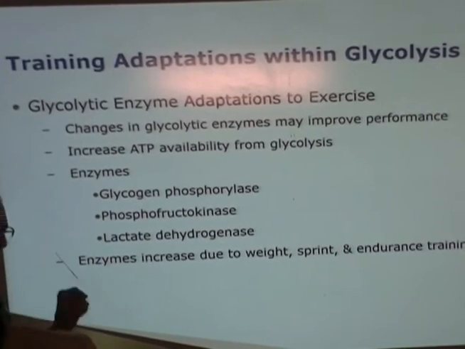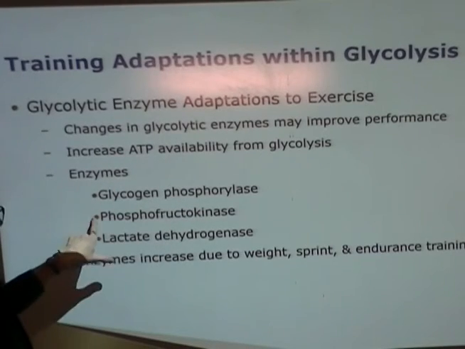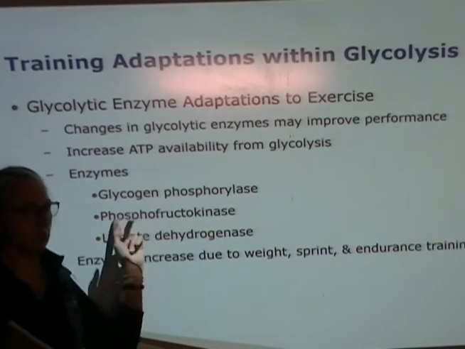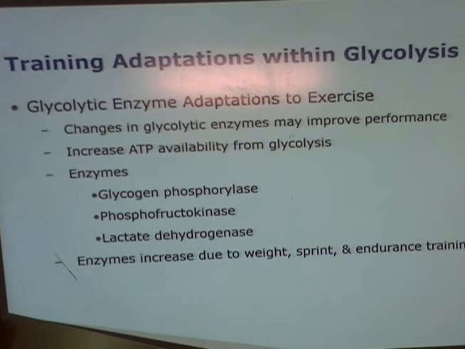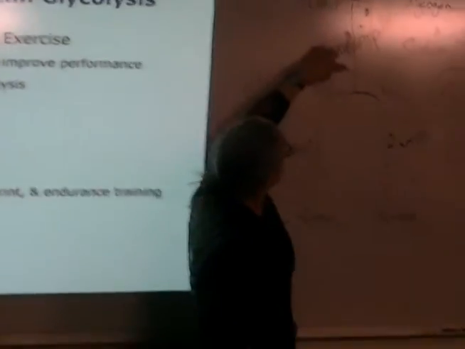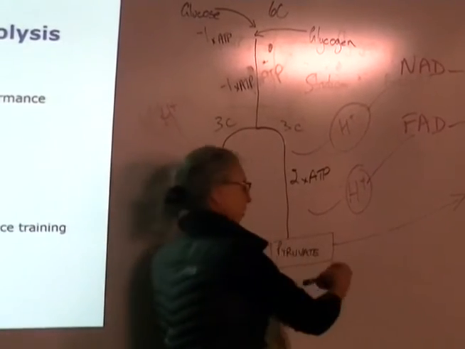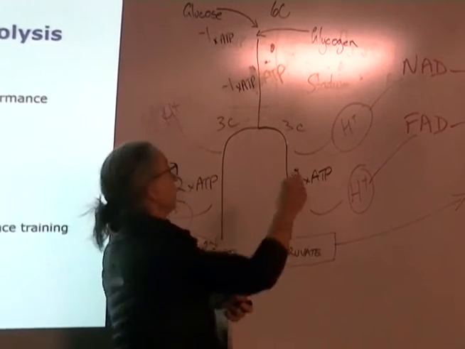The most important enzyme in the glycolytic chain, though, is phosphofructokinase, and you might see that labeled as PFK. PFK occurs a step above the split into 2, 3-carbon molecules.